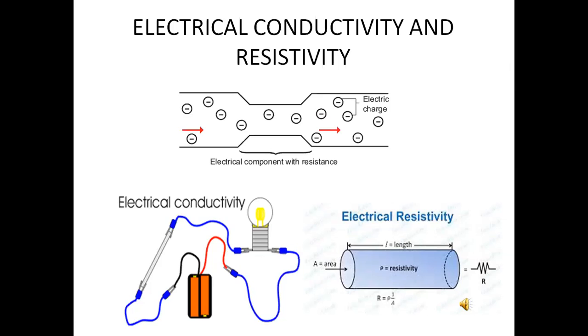Next, electrical resistivity. Electrical resistivity, also known as specific electrical resistance or volume resistivity, is a fundamental property of a material that quantifies how strongly that material opposes the flow of electric current. The unit of electrical resistivity is ohm meter.